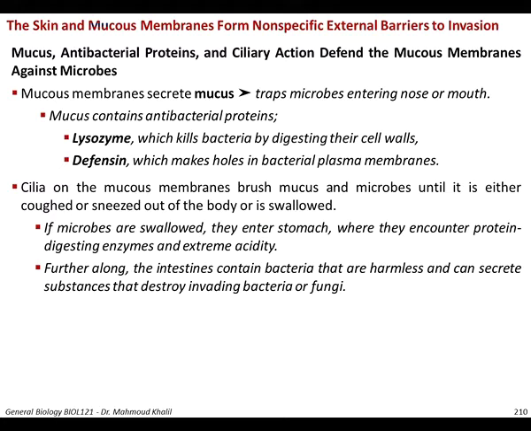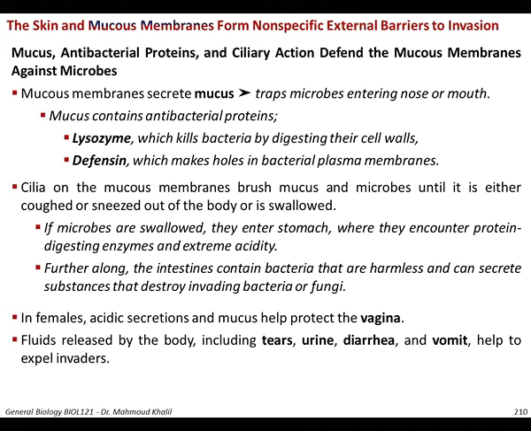Actually, the acidity of the stomach, as well as the protein digestive enzymes which exist in the stomach, can help to kill these swallowed microbes. While if it moves into the intestine, you have flora or bacteria in your intestine that is harmless, and these natural flora inside the intestine can secrete substances that destroy these invading bacteria or fungi.